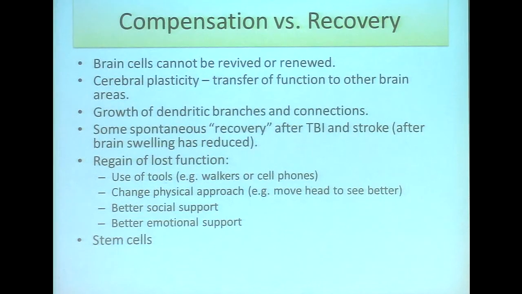What often happens is you might have a swelling of the brain around the area, and once the swelling has died down, those brain cells function better. So for a while, the person might be performing much worse, but then over time it looks like they're recovering, but it's really just that those brain areas can function a bit better.